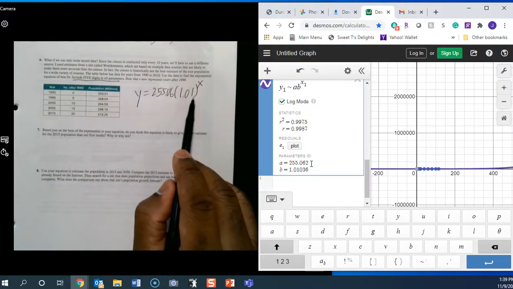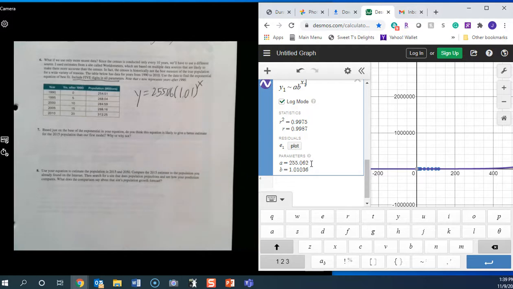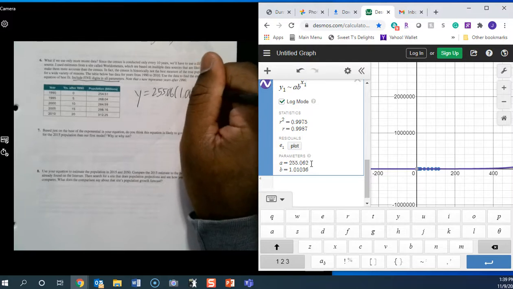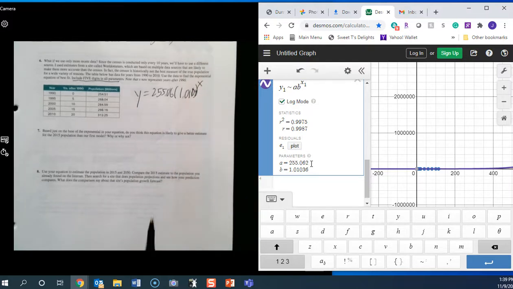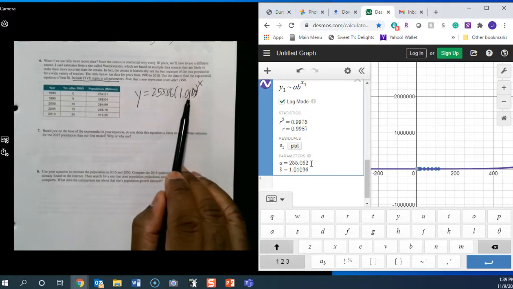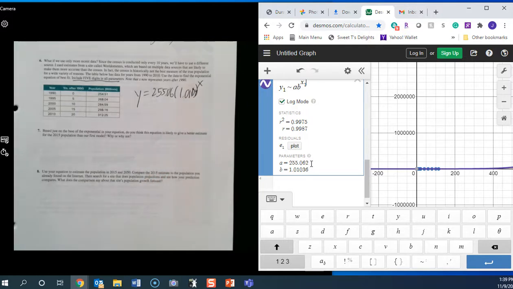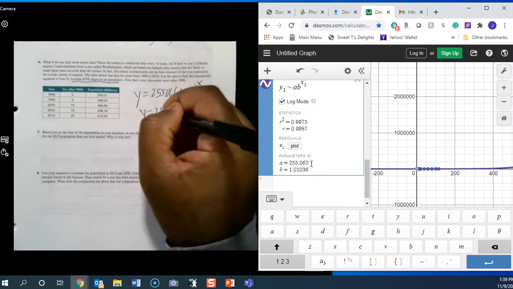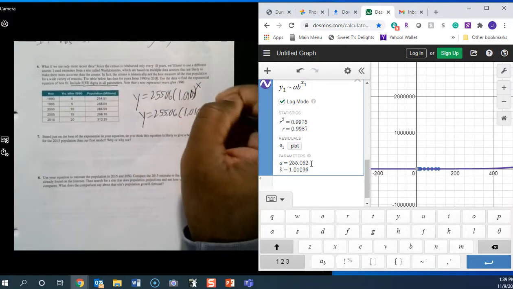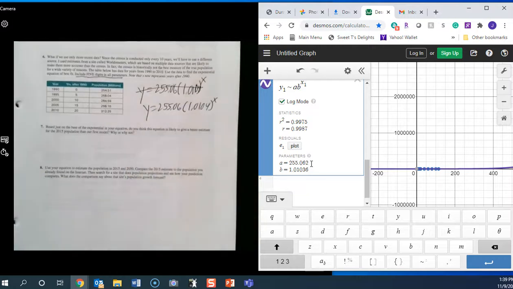This is not 5 digits. So I have to add, we got 1, 2, 3, I have to add 2 more digits. So it'll be 04. Let me see. 0104. Okay. So it'd be y equals 255.06 times 1.0104. So we have to have 5 digits. Okay, so this is our equation. I'm going to rewrite it because it is kind of bunched up there. So this is our equation.